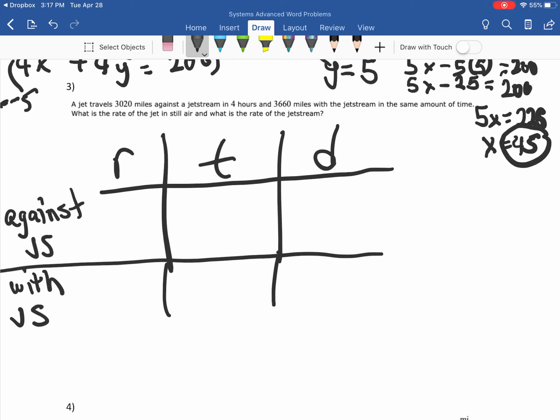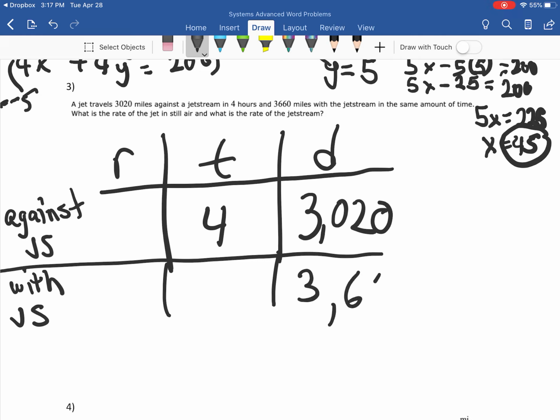All right, let's see what we know. 3,020 miles against the jet stream in 4 hours, and 3,660 miles with the jet stream in the same amount of time. What is the rate of the jet in still air? What is the rate of the jet stream?